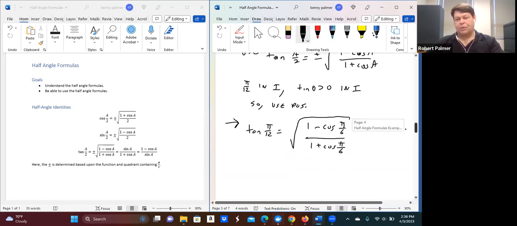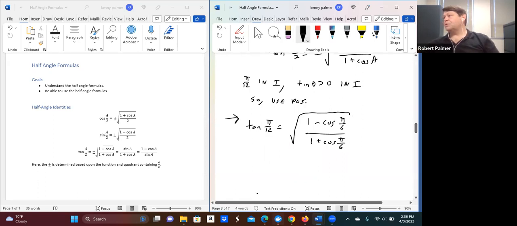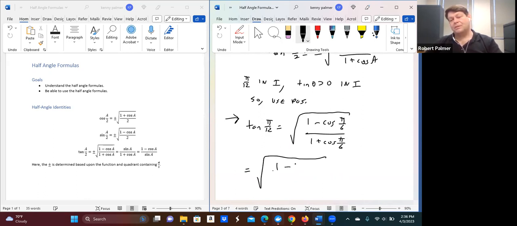Now once again, if you go to your unit circle or use a special triangle, cosine of pi over 6 is square root of 3 over 2. So this is going to be 1 minus square root of 3 over 2, over 1 plus the square root of 3 over 2.